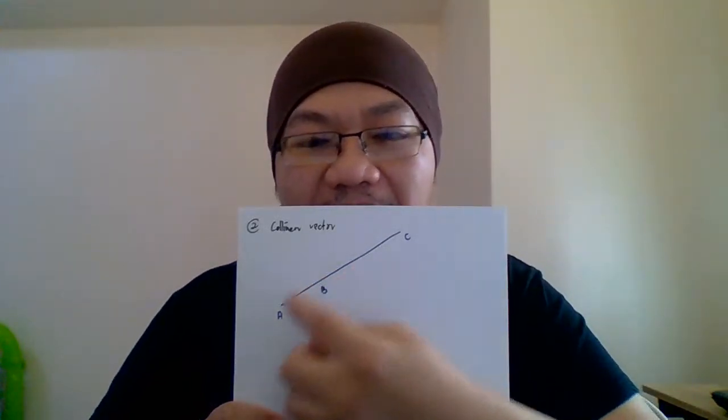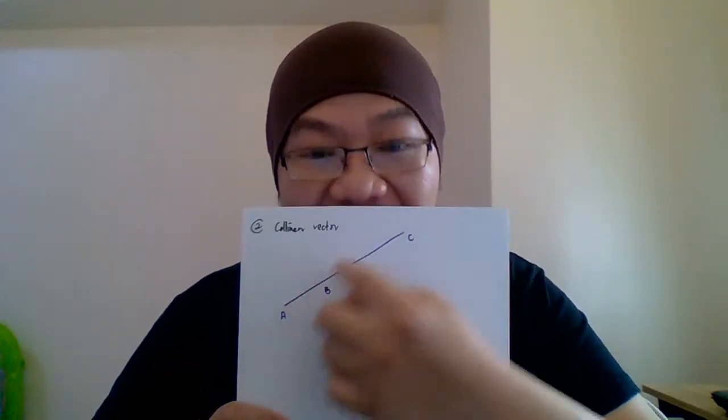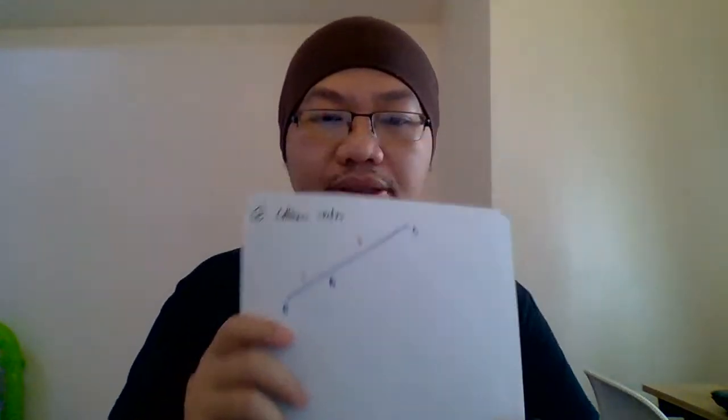So you learned the makcik nenek, the ratio here. Let's say I have a point, a ratio. Let's say 2 and 3 here.